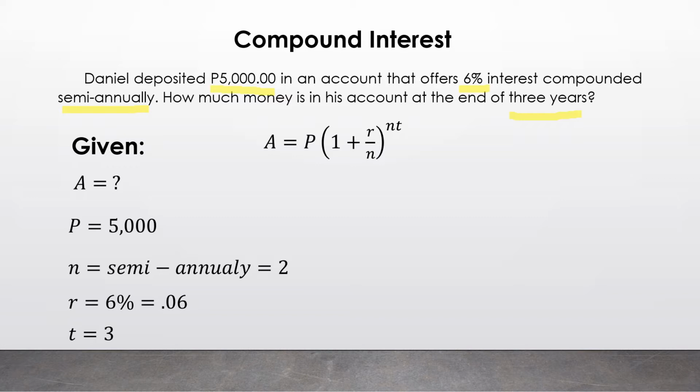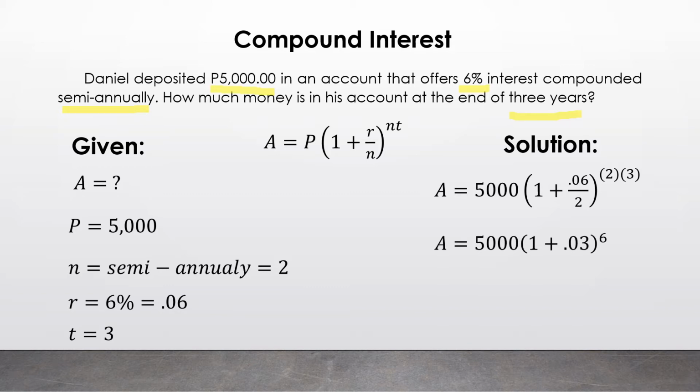So by substituting the given into the formula, we have A is equal to 5,000 times the quantity 1 plus 0.06 over 2 raised to 2 times 3. So by simplifying the exponent outside, we have the final amount is equal to 5,000 times the quantity 1 plus 0.03.